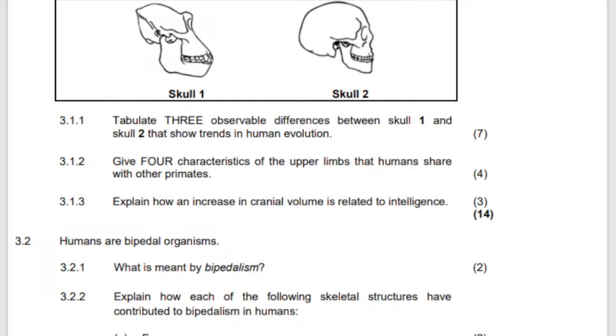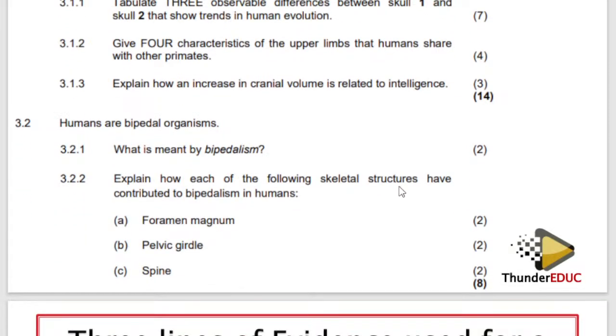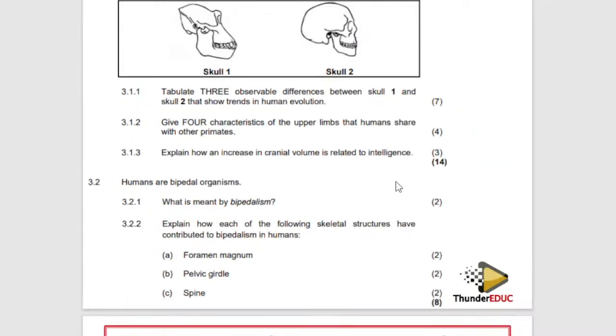Are you done? Let me scroll down a bit like this so that you see it clearly.